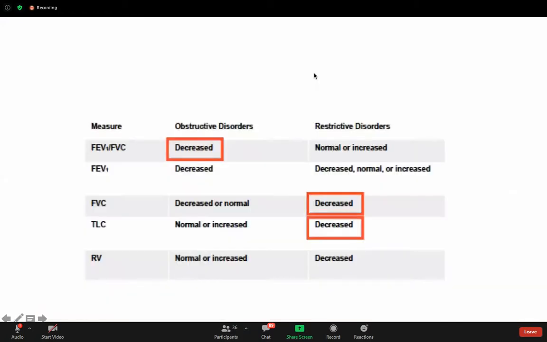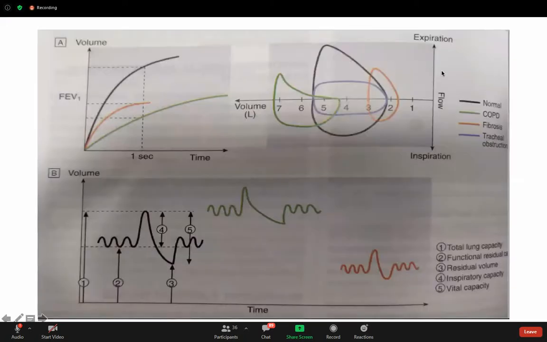Okay. So back to this figure, you can see that in obstructive lung disease, all the volumes are actually up because the figure is being shifted to the left. So this is all volume. Compare that to the fibrosis, which is in red.